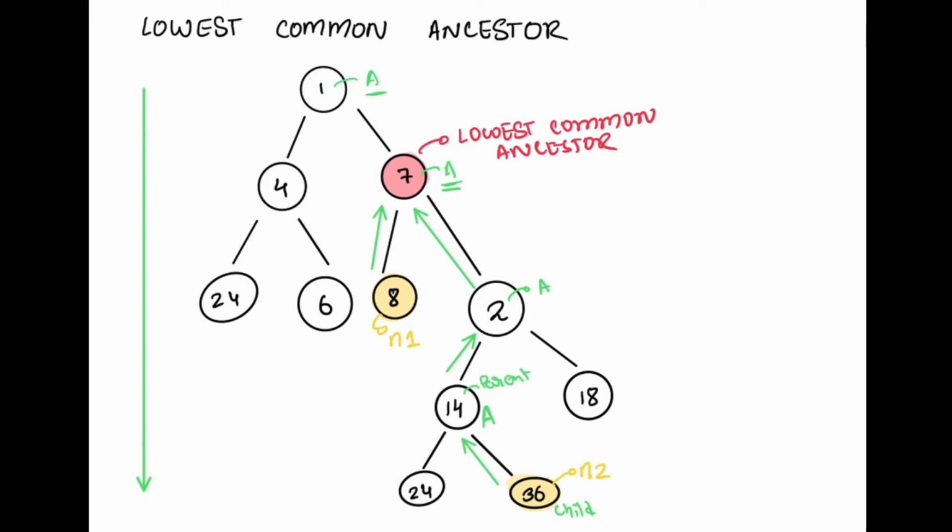So if I were to go down from parent to child, how do I know if 7 is the lowest common ancestor, or is the ancestor at all of 8 and 36? So maybe there is a way possible, but let's stick to the instinctive solution that has come to us. Again, I must repeat myself.